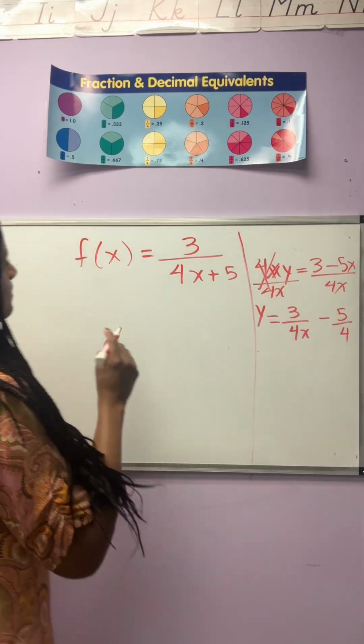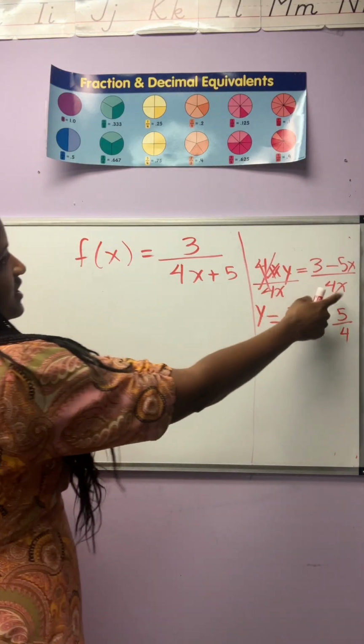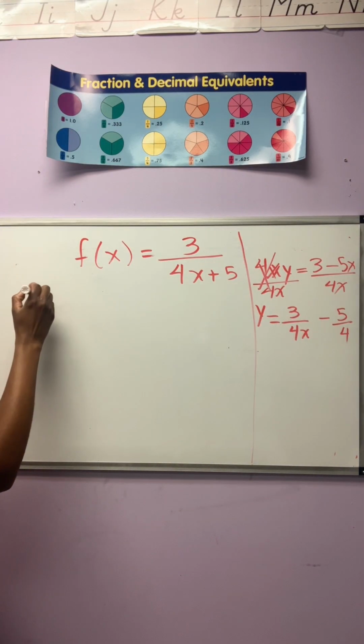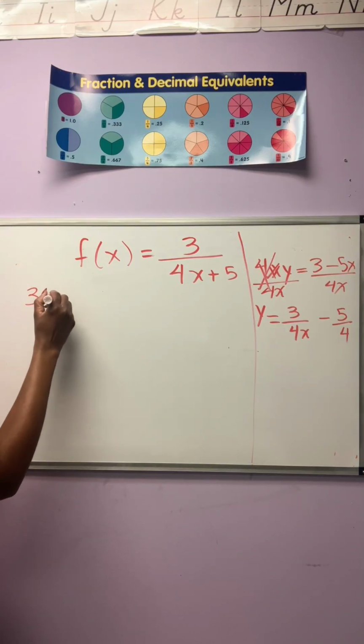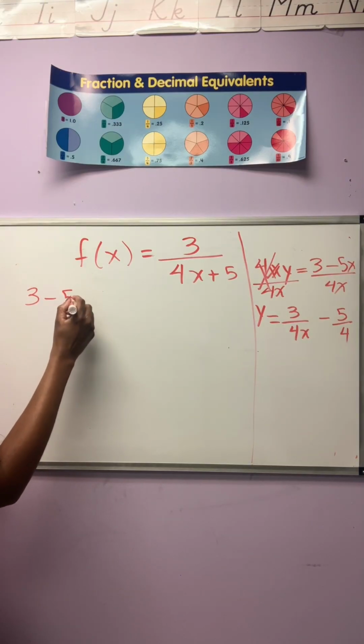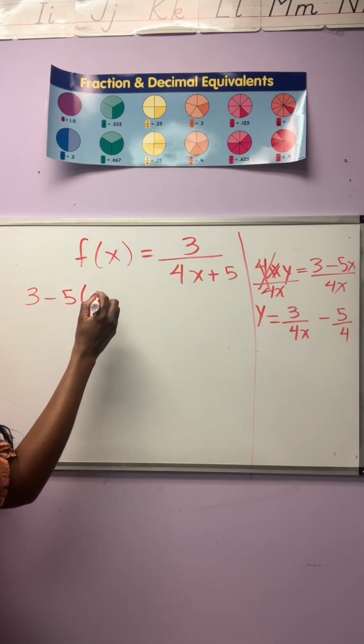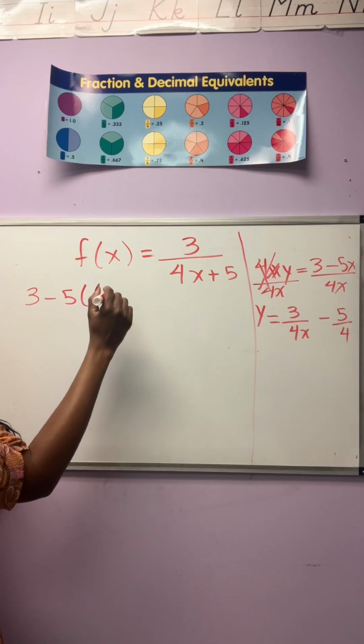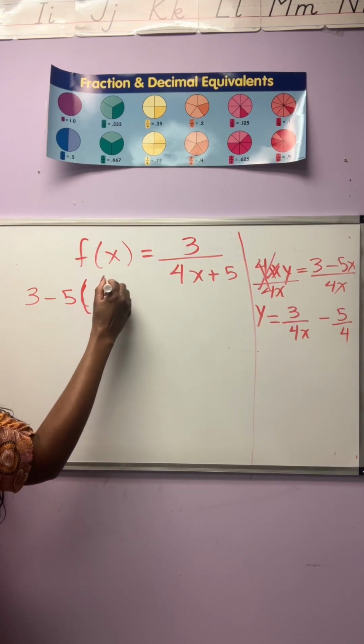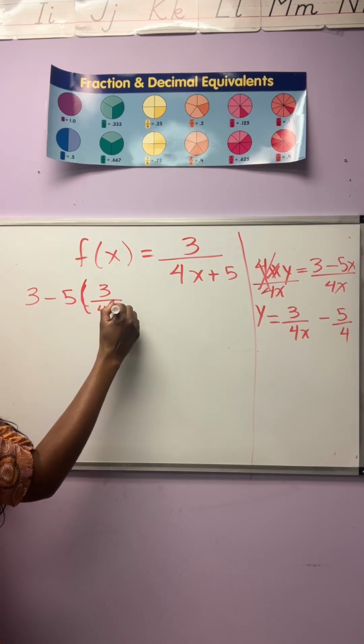So this was our original equation. Okay, and I'll even plug it into here and see, because everything should cancel out. So 3 minus 5, and wherever we see x, we're going to plug in 4x plus 5.